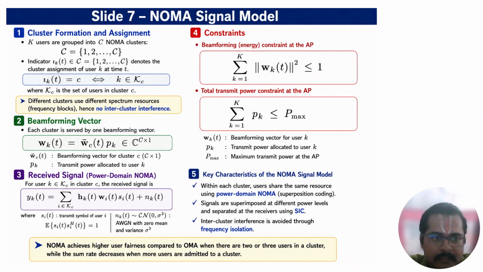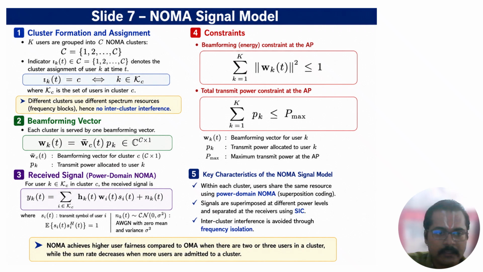W_k is the beam forming vector, and this is the transmit power allocated to user i. The received signal at a particular user k is equal to h_k, the channel gain, and w is the beam forming vector, s_i is the signal model, n_k(t) is the noise.